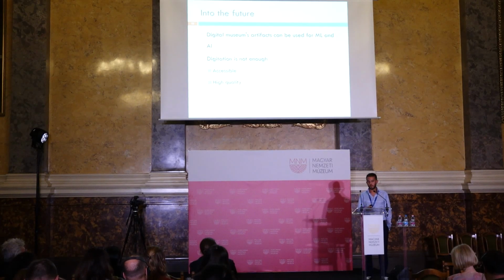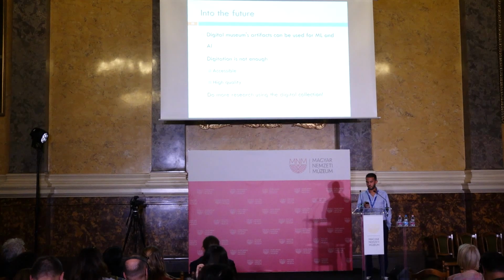We had to work a lot with alignment problems. So the accuracy and quality of the digitized corpora online really helps with machine learning and AI. And do more AI, machine learning. That's it. Thank you.